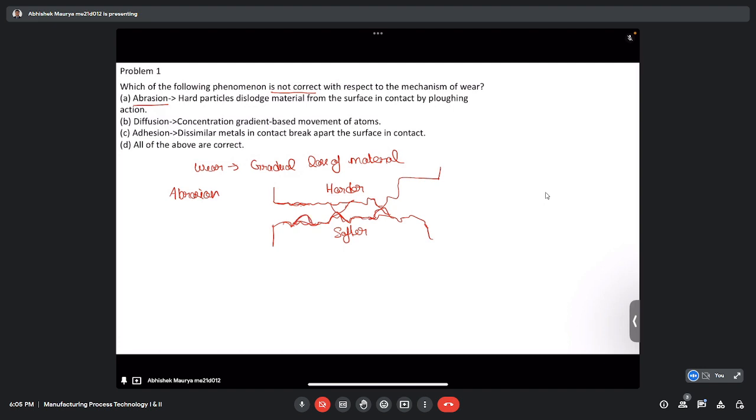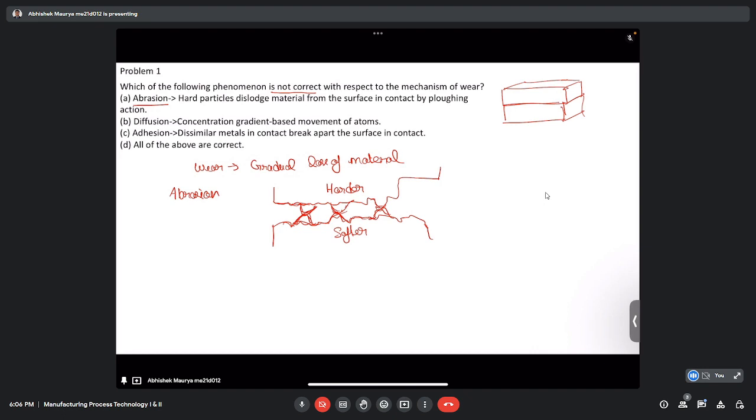When we keep two bodies in contact, it doesn't mean the complete surface areas of the two bodies are in contact. Only a few portions, the small asperities coming out of the surface, come into contact, whereas the other portions do not.